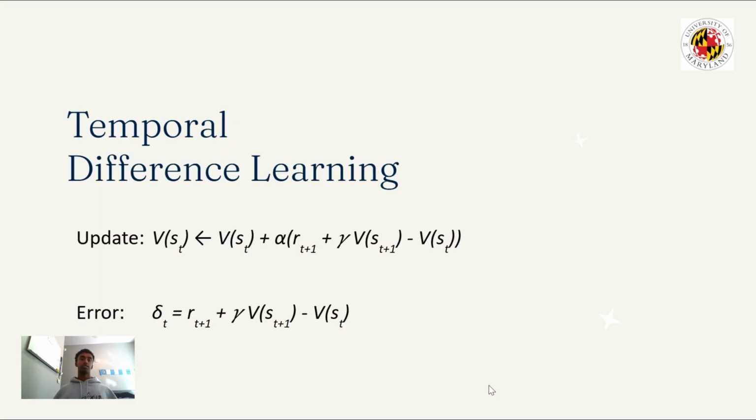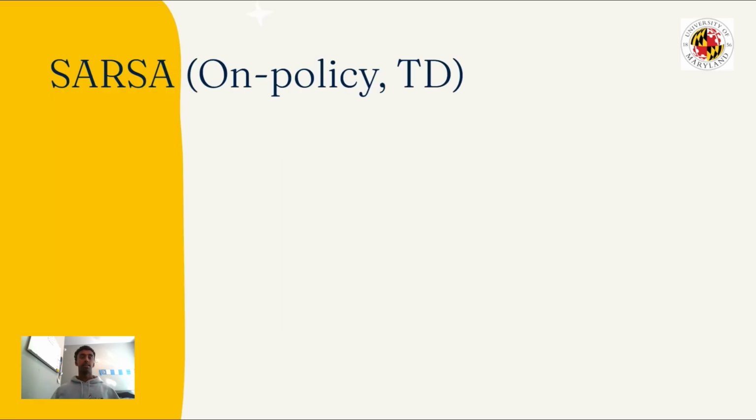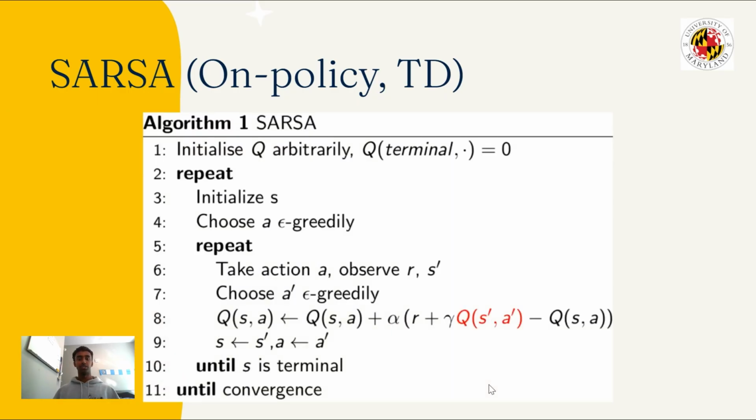And in temporal difference learning, we implement a strategy that updates our value at each step, where we sum the observed value with the estimated value of the next step. In SARSA, our first on-policy TD algorithm, standing for state, action, reward, state, action, we're going to implement exactly what we saw in the previous slide. Right here, you can see the update where we're updating using the estimated value for the next step, Q of S prime, A prime.